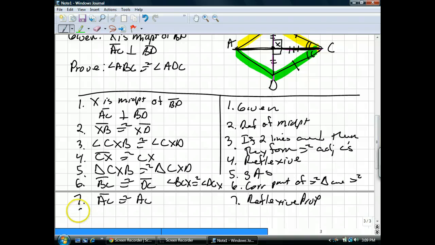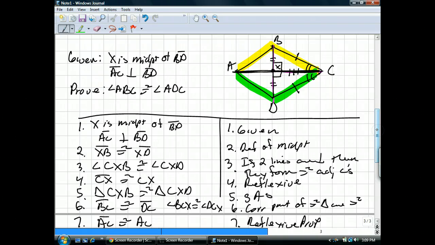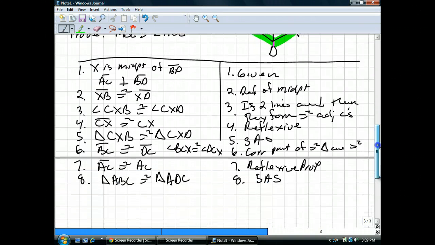So I can say triangle ABC is congruent to triangle, let me erase that, ADC by side angle side. And then if the yellow triangle is congruent to the green triangle, then their parts have to be congruent.